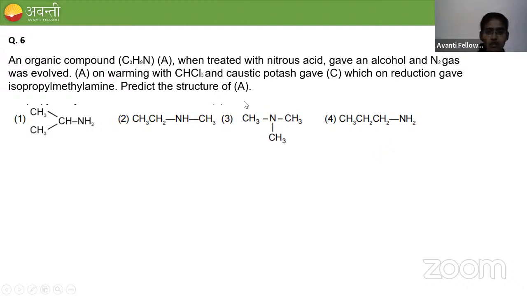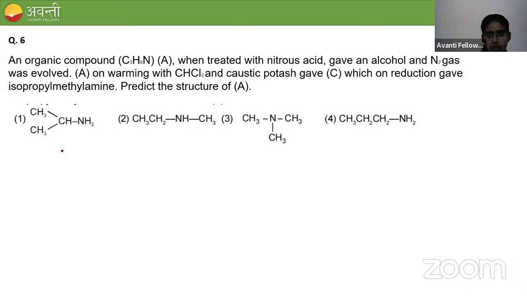Predict the structure of A. So here in the given four options, the formula of all the four compounds is C3H9N only. They are all isomers. Now we have to check one by one. Okay, first let's take option 1 and check with it.